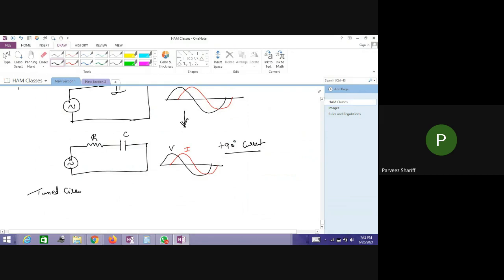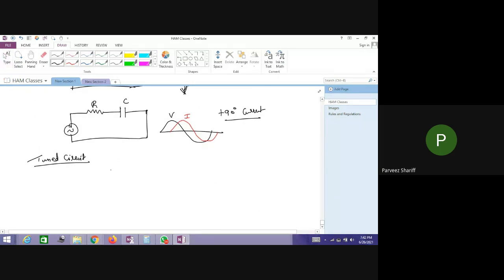There is something called the tuned circuit. There are two types: one is the series tuned circuit, and the second one is the parallel tuned circuit.